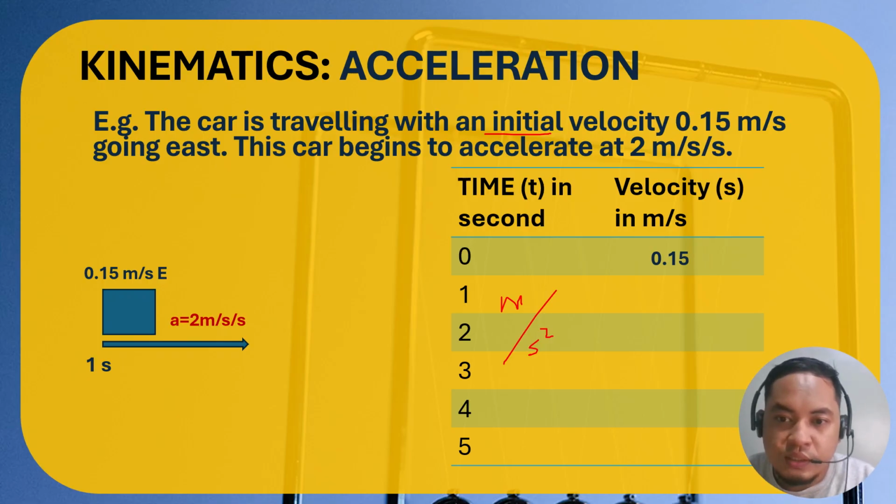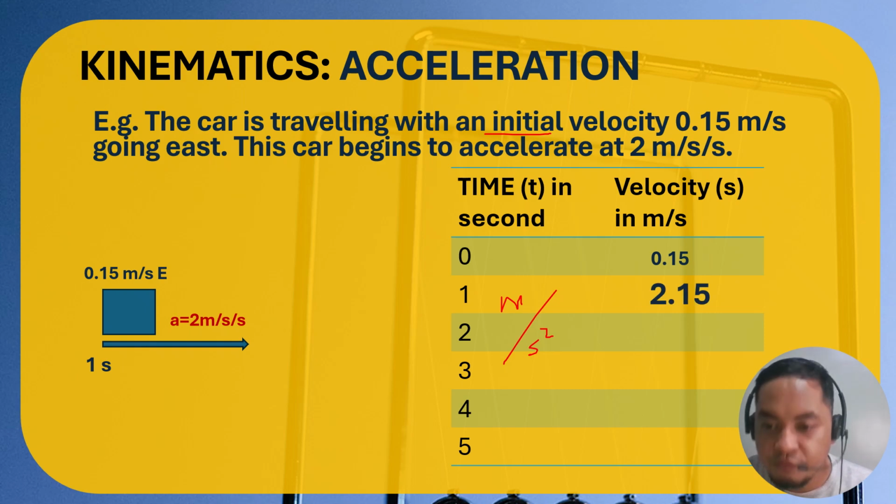So at 0 second, we have this velocity of 0.15, and then since we have the acceleration 2 meter per second squared, and that's constant all throughout the motion, you just have to add 2 meter per second squared, or the acceleration magnitude, to our initial velocity. So 0.15 plus 2, that is 2.15.